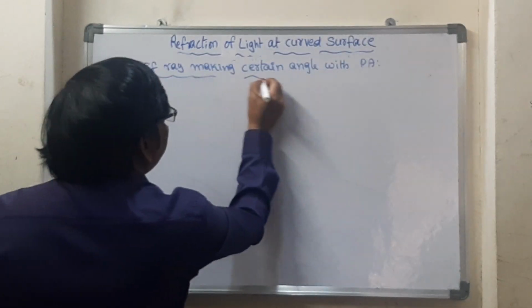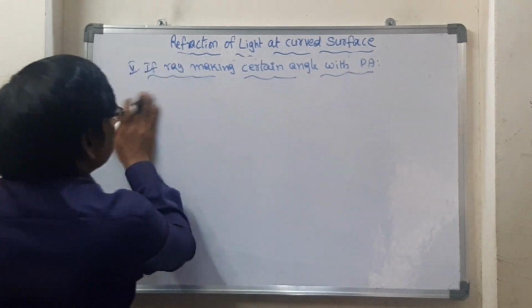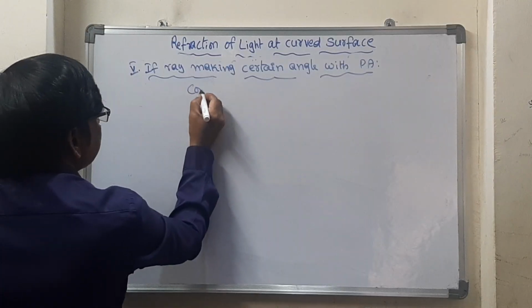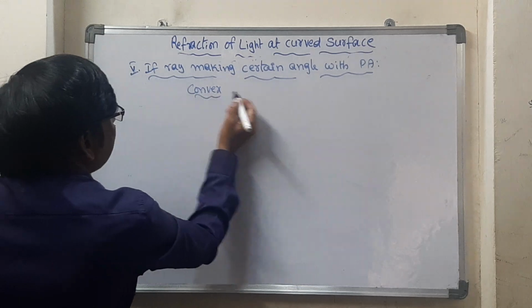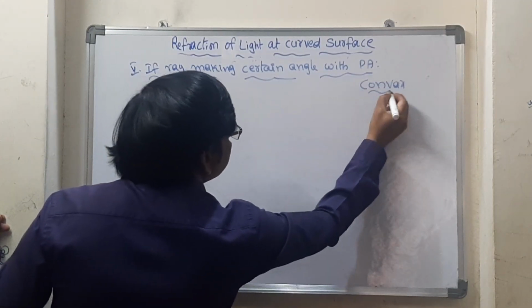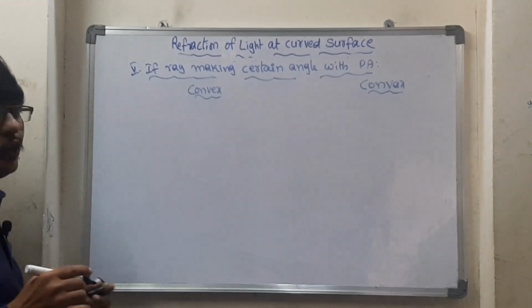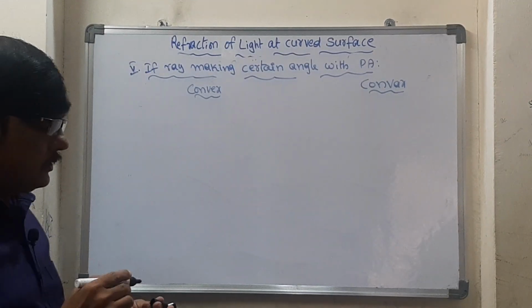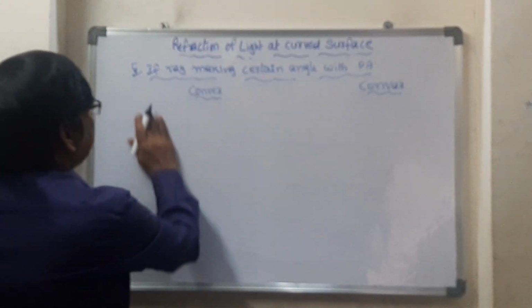So how will it be? If a ray is making some angle with the principal axis, what is the nature of the refracted ray once it passes through the lens? We will see. Right. Now let us take this convex lens.